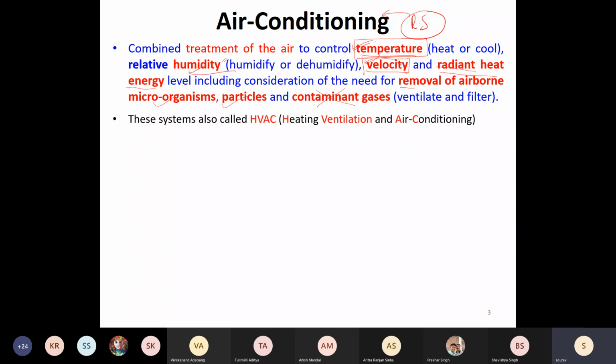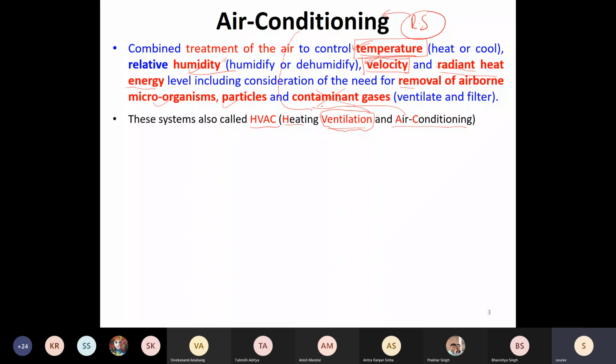Okay, so these systems are also called HVAC systems, and the engineers who work in this field are called HVAC engineers. It's a short form for heating, ventilation, and air conditioning system. But in the true sense, the air conditioning definition encompasses all these three aspects. You need to maintain the appropriate amount of oxygen level in your air. For that, you require ventilation. You need to maintain a particular temperature.